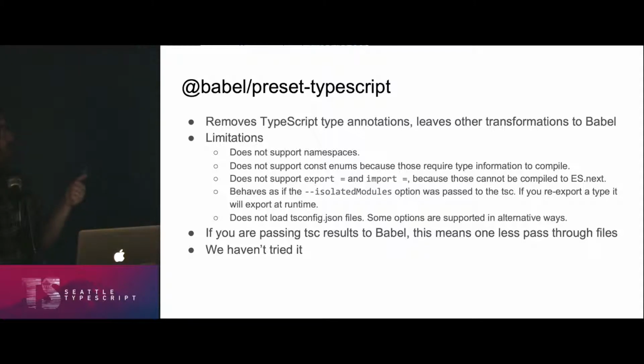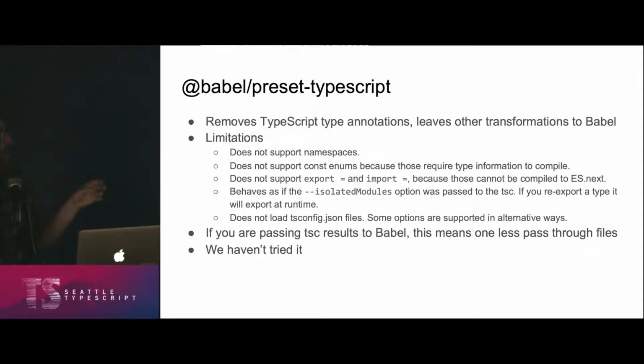It doesn't support const enums because they require type information to compile, and this, again, doesn't do any type checking, doesn't know what the types are, it just tries to infer them from the code and remove them. But that's okay because I haven't needed to use const enums ever. It also doesn't support export equals and import equals. There are other syntaxes to do this, so you'll have to transform or upgrade if you're doing that.